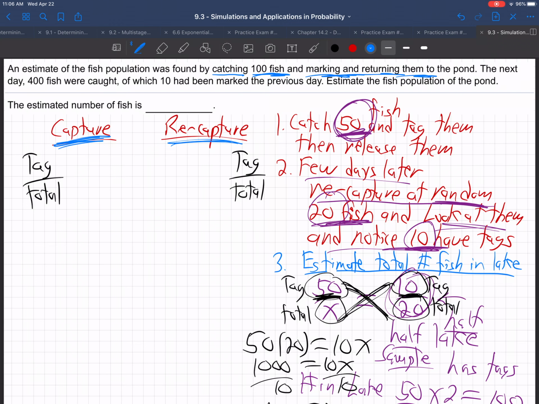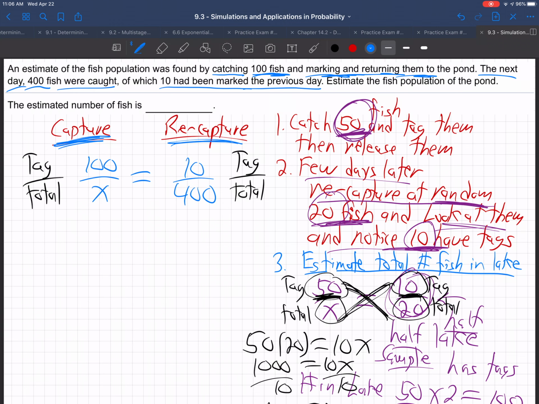So those are tagged fish, and that goes in the top. Then the next day, after letting the fish swim around and mix it up, 400 were caught, of which 10 had been marked the previous day. So 10 were tagged fish out of 400 total that were recaptured. This is my x down here, the total in the lake.